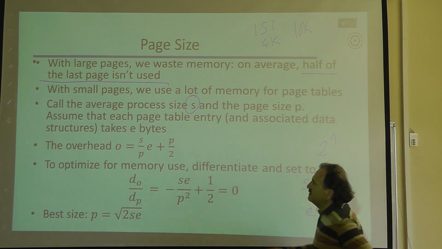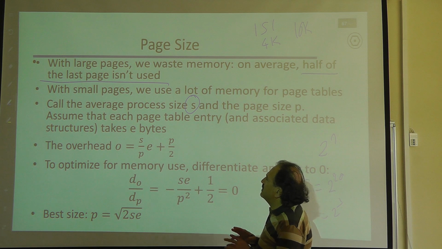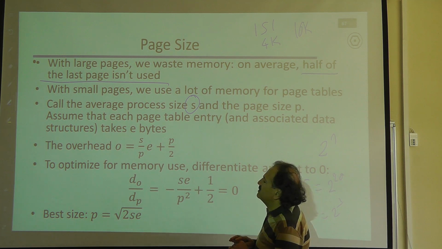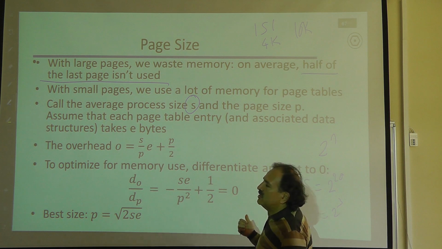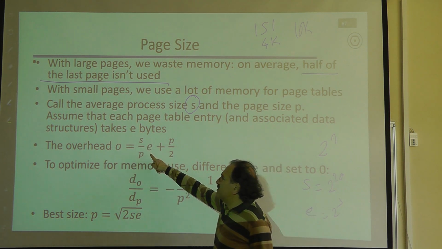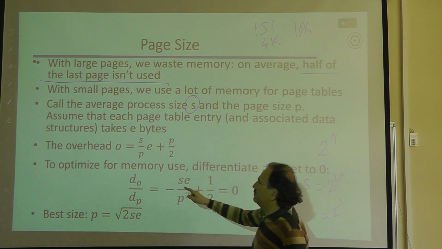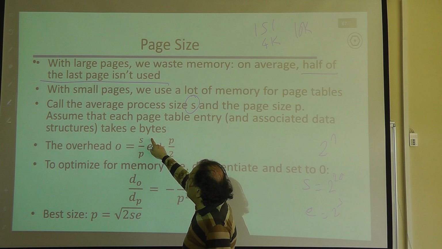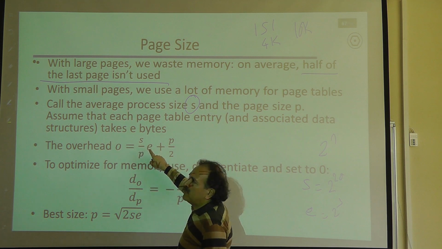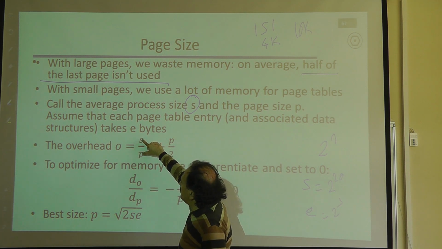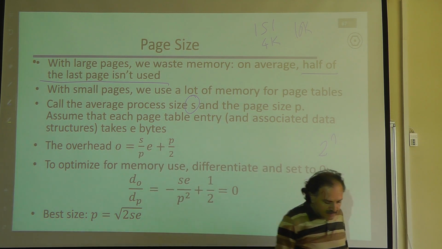This formula says that if you have a process size of S and your page size is P, and each page takes E number of bytes in the page table, this would be the formula for the overhead. Okay, and this part is for the page table overhead. This is the number of pages in a process, right? We talked about it last time.